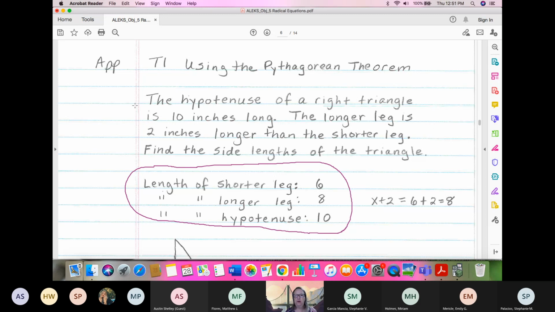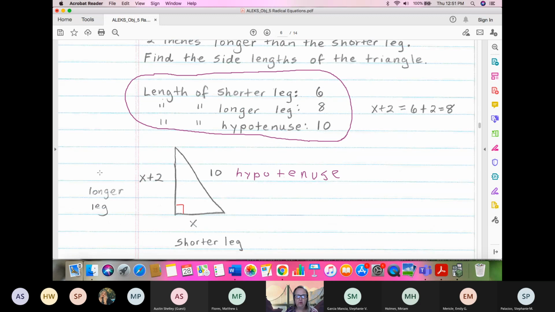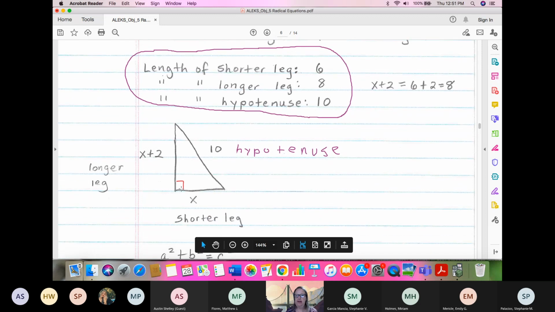So the Pythagorean theorem has to do with a right triangle. We've got these two sides that form this right angle right here. It's a 90-degree angle, and that's what we typically put on a 90-degree angle. The legs form that 90-degree angle.